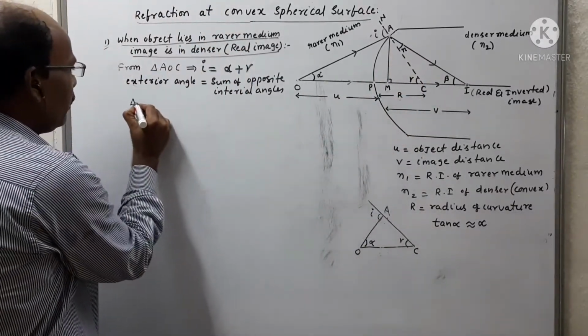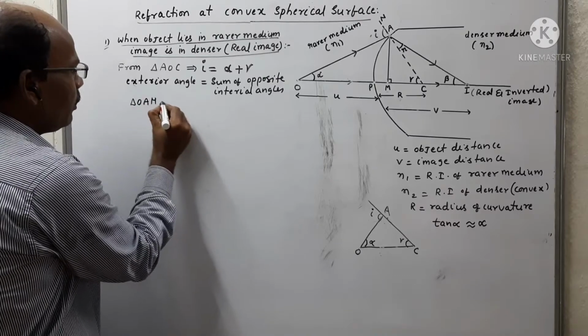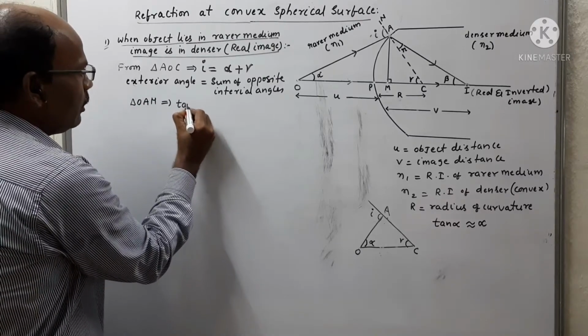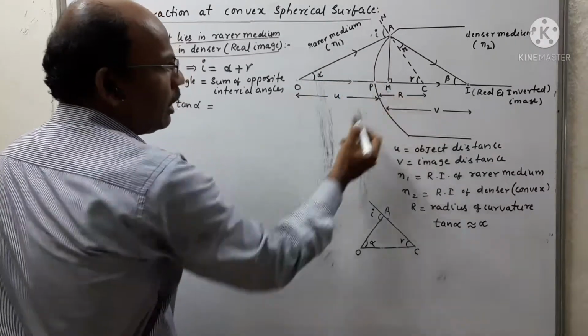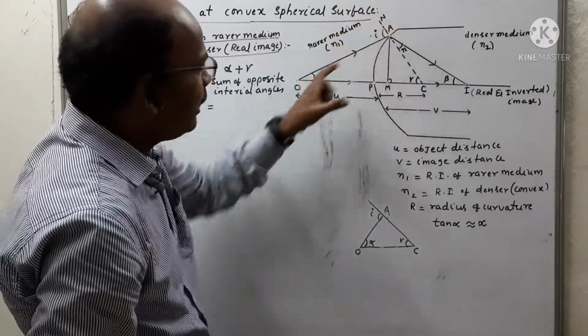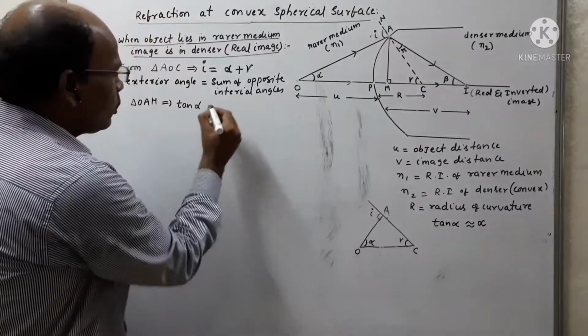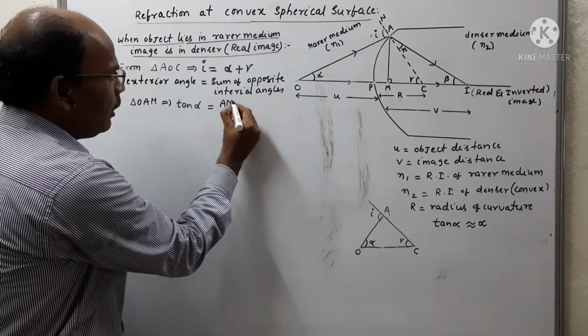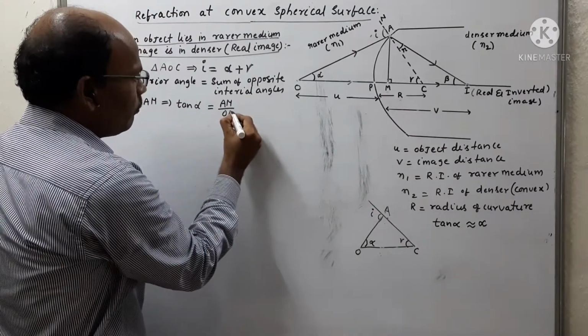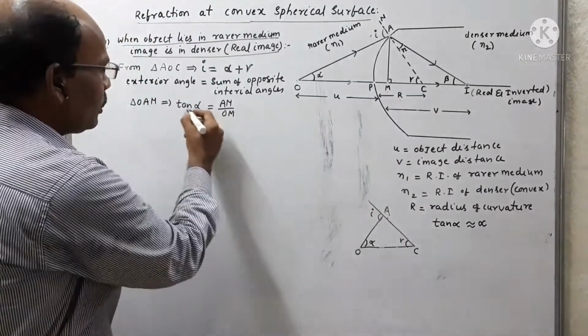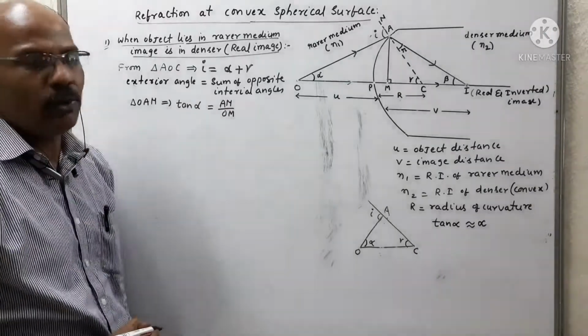So from triangle OAM, tan alpha is equal to opposite side by adjacent side. So opposite side means AM by adjacent side means OM. Okay? So tan alpha is equal to AM by OM.